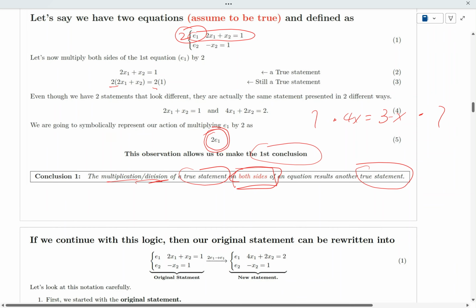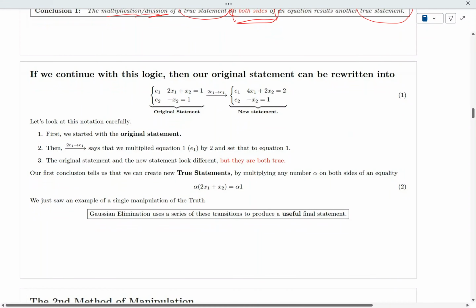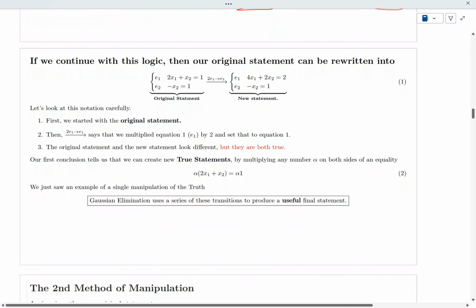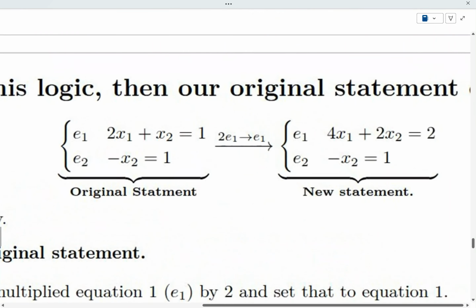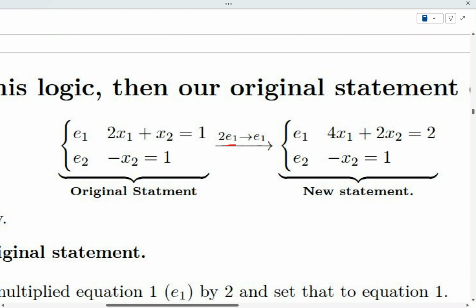All right, now if we continue with this logic, here's our original statement. And then what we did is that we took equation 1 and multiplied by 2, and we say that's the new equation 1. So we transform equation 1. Notice we go from equation 1 to the new equation 1, which all we did is multiply by 2.